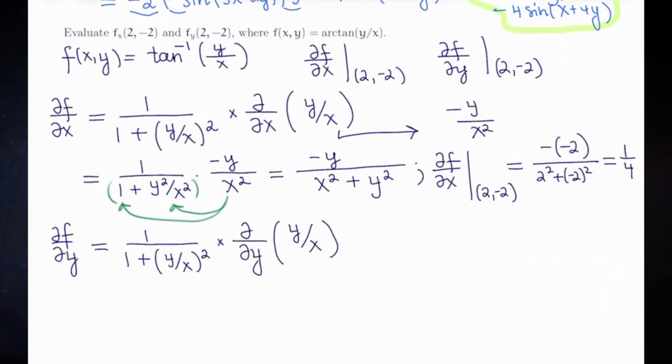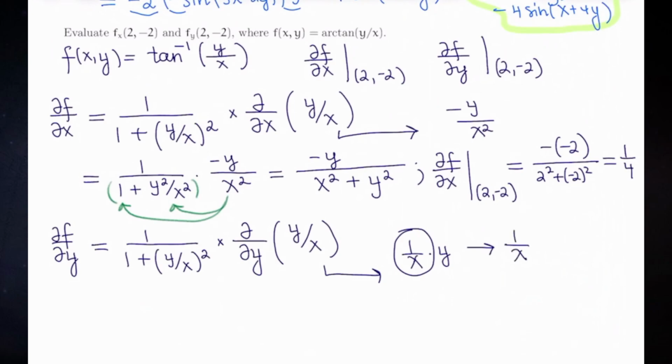So in this case, you can think about it as 1 over x times y, right? 1 over x is the constant and y is the variable. So if I take the derivative of this, what does that give me? That's just 1 over x.